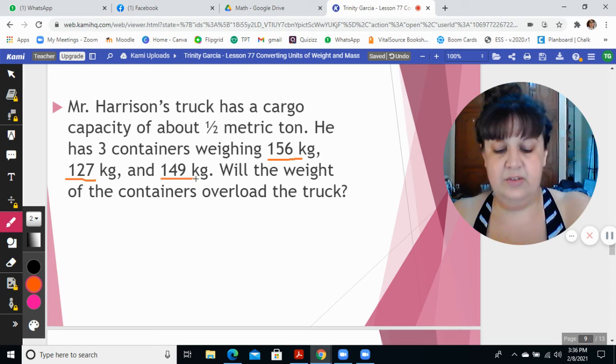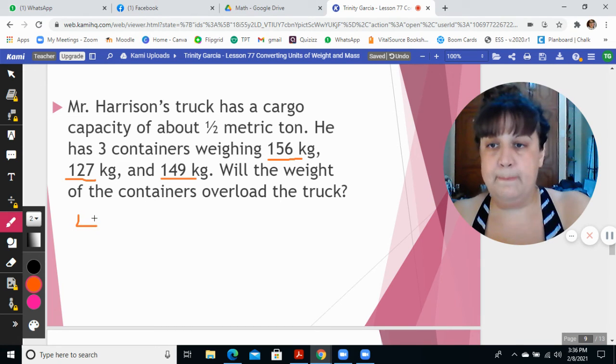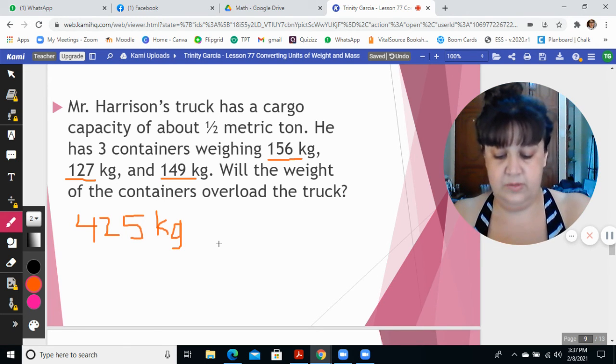If we add those all together, we would get 425 kilograms, kg. Remember it's always important to remind us what kind of measurement we're using so we don't get confused.